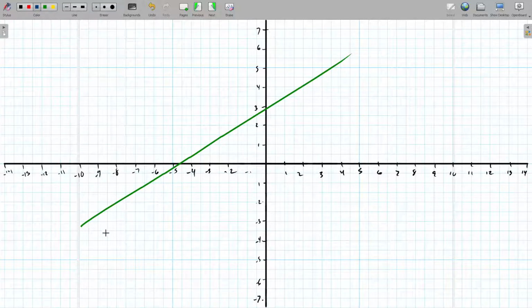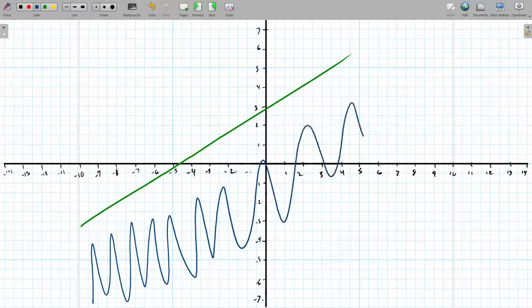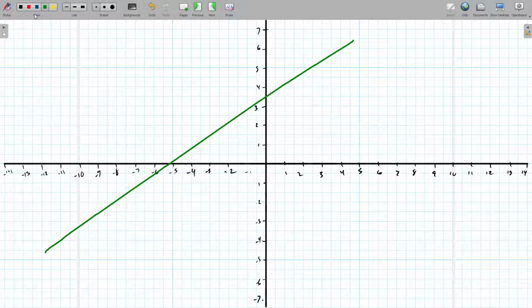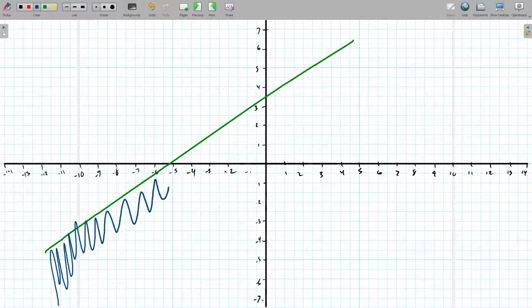For less than, they would want you to, instead of using the dashed line, use the solid line and then shade, but don't touch the line. And if it was less than or equal to, solid line and shade, but touch the line.